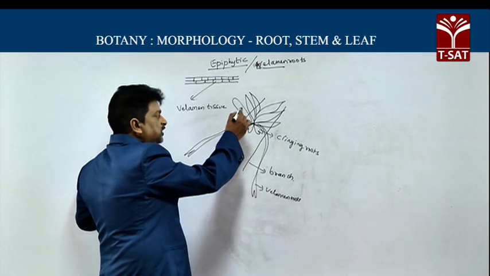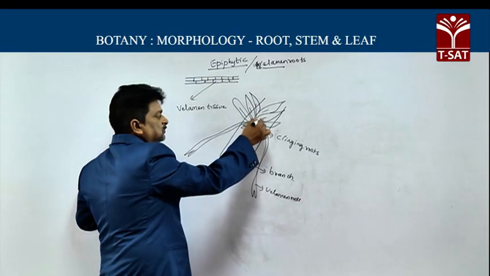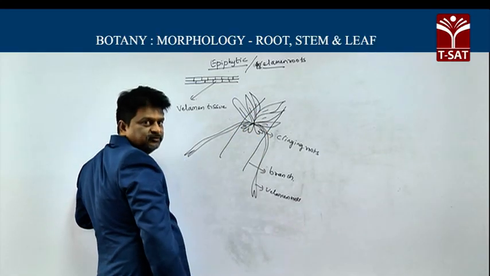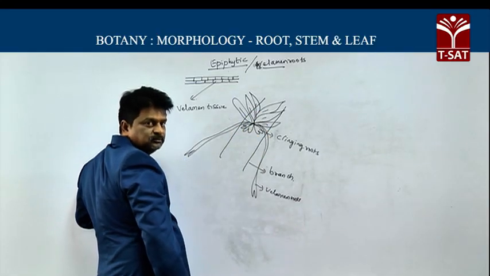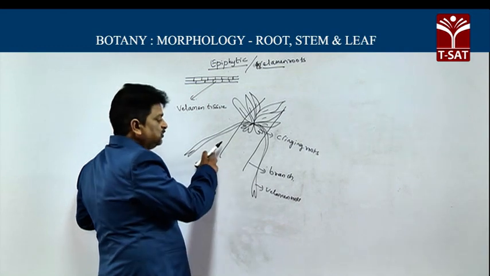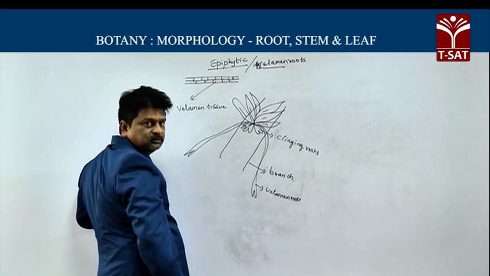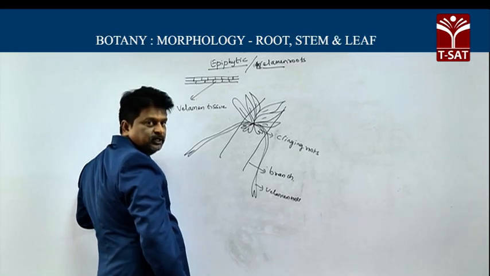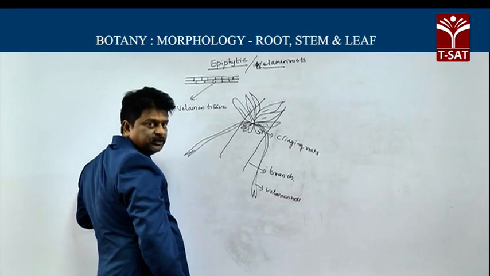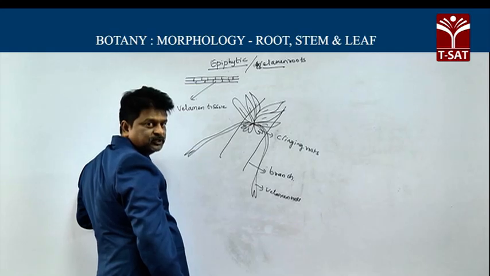So epiphytes have leaves. Leaves contain chloroplast, and velamen roots absorb moisture from air, and leaves absorb carbon dioxide from air. So they are autotrophic, or they can perform their own photosynthesis.